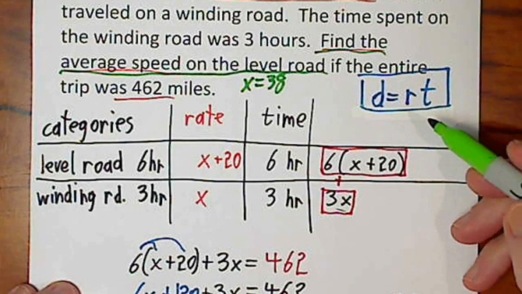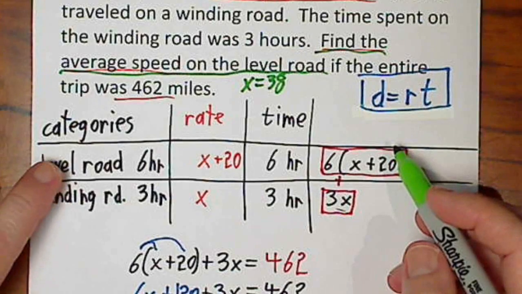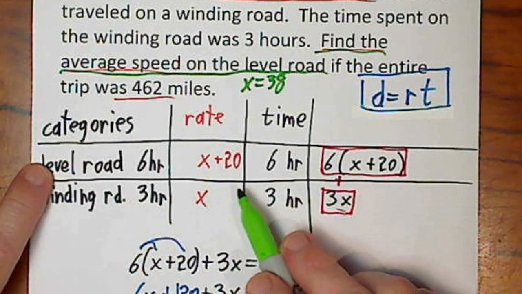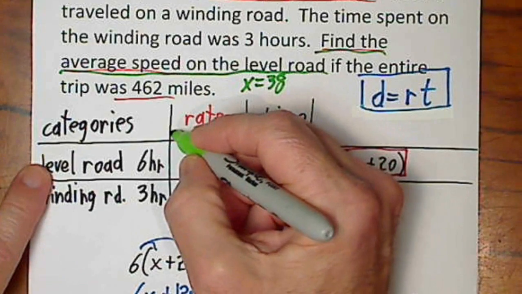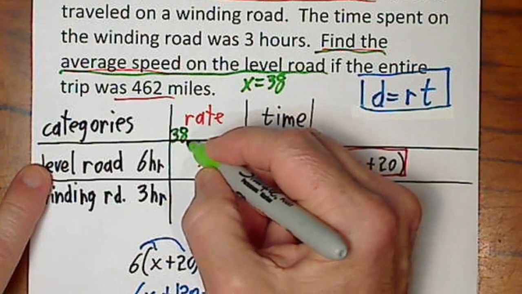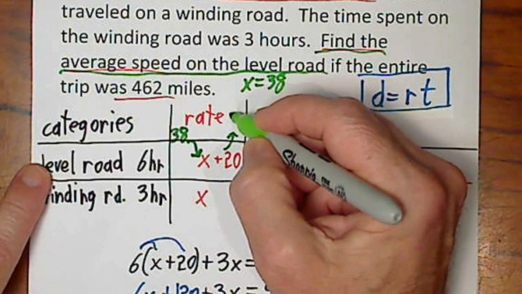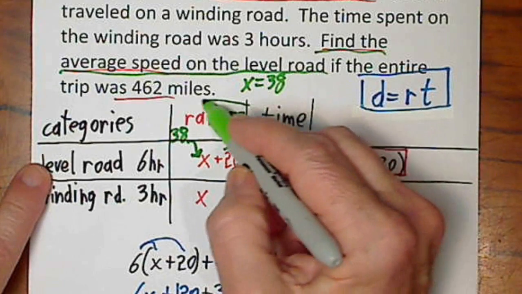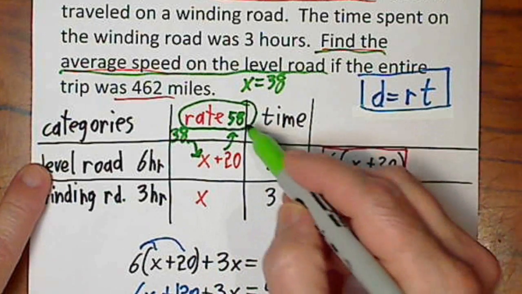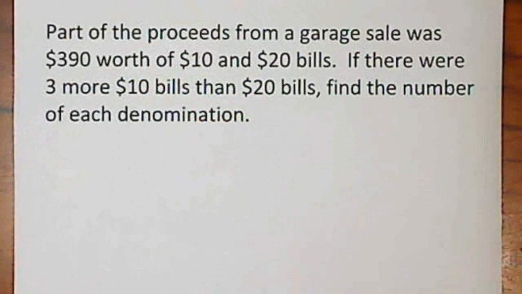Okay. On the level road, we have to plug in our 38 right where the X is, and out comes 58 miles per hour. So that's our rate on the level road, 58 miles per hour.